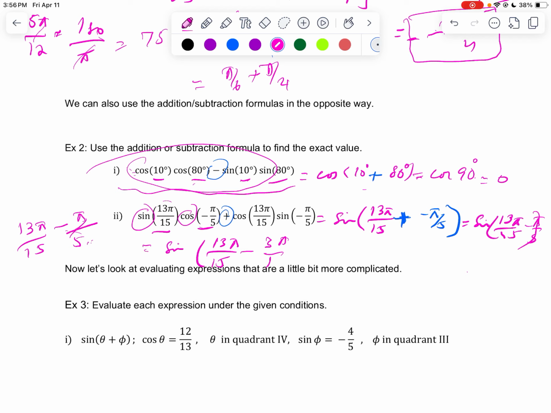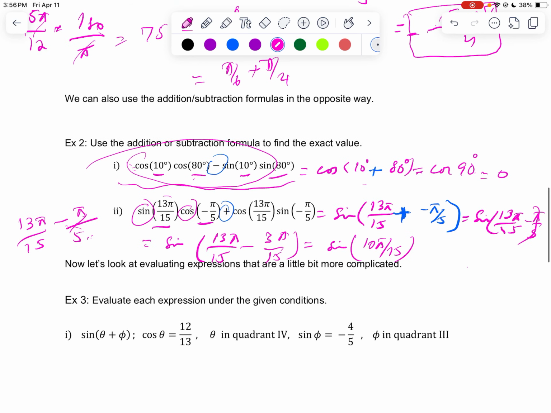Then subtracting, we end up getting 10 pi over 15. Now 5 goes into both, so we get sine of 2 pi over 3.